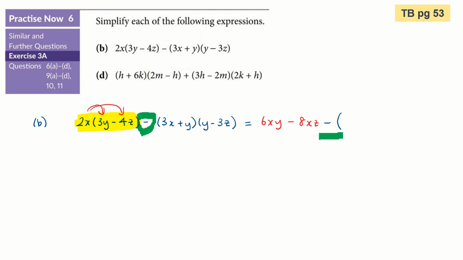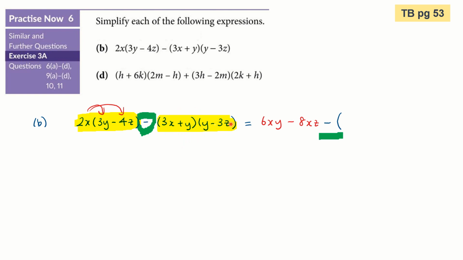Because what we're going to do is focus on the expansion of this second component. So we want to keep our mind away from the minus sign that I have circled in green and focus only on the expansion that I have highlighted in yellow as shown over here. I hope that you can see my laser pointer.